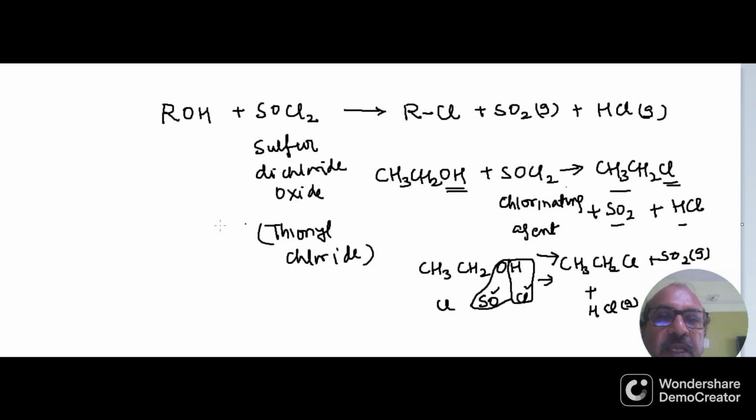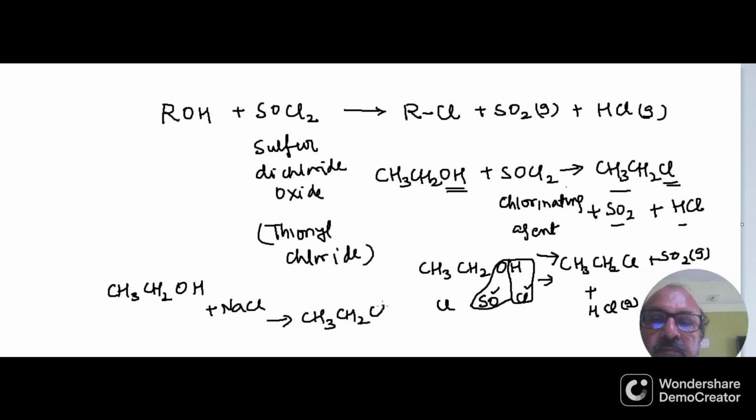Now I have told you in one of the videos that this reaction doesn't really work. And the reason that I have told you is that the OH minus is a strong base and therefore a bad leaving group.